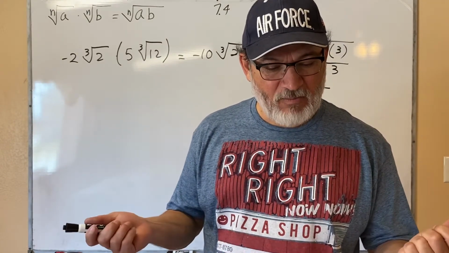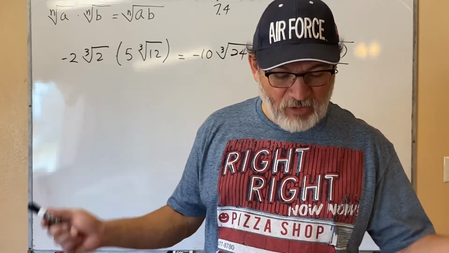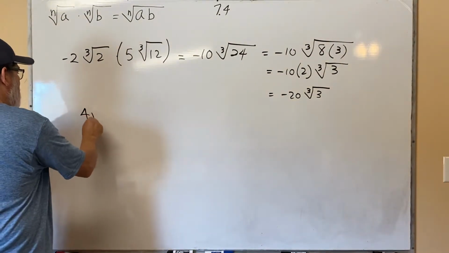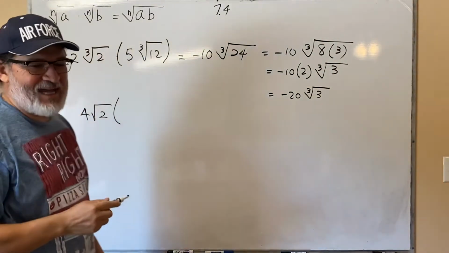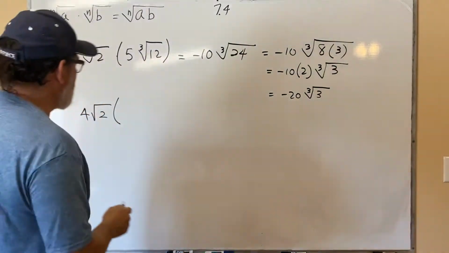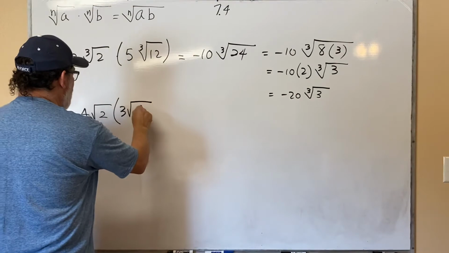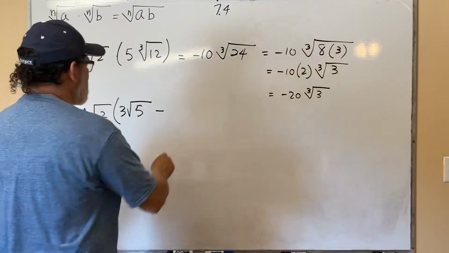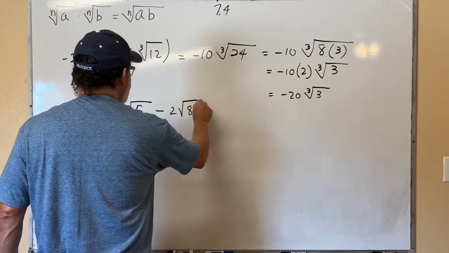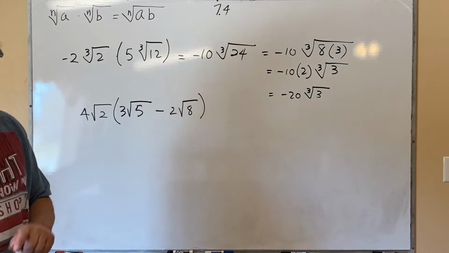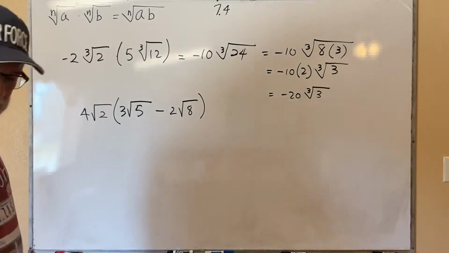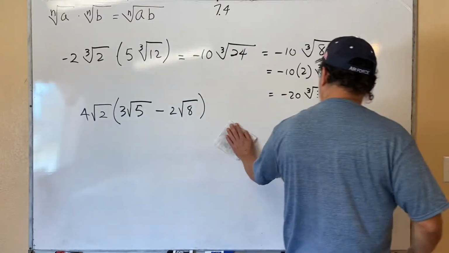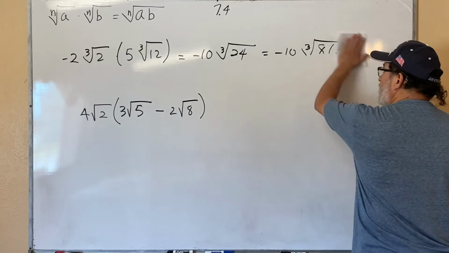Multiply 4, the square root of 2, times 3, the square root of 5, minus 2, the square root of 8, close it. I've got to erase this, guys, because it's in my way. Okay, sorry about that.